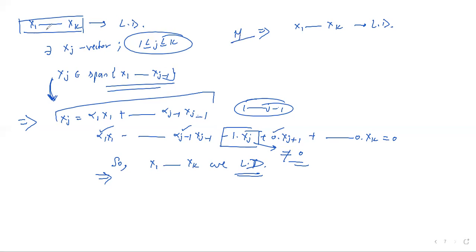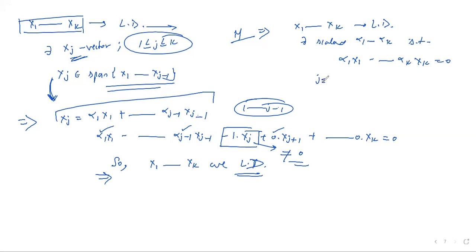Now if I say that x1 to xk are linearly dependent, then what does it mean? That there exist scalars alpha 1 to alpha k, not all zero, such that alpha 1 x1 plus ... plus alpha k xk equals 0.